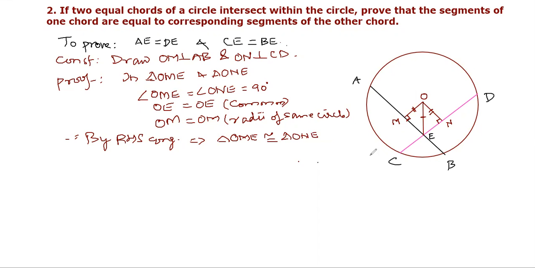When it is congruent, then ME will be equal to NE by CPCT.